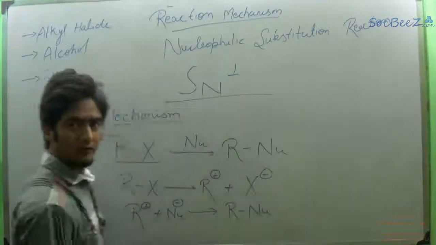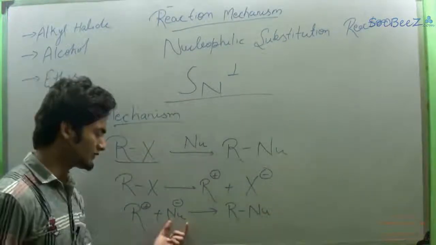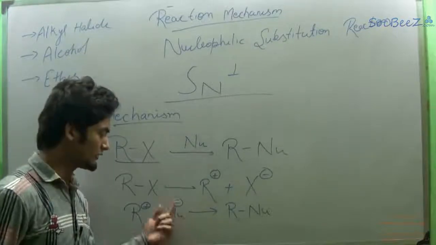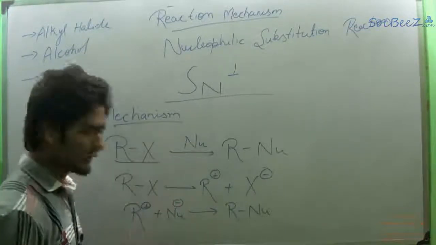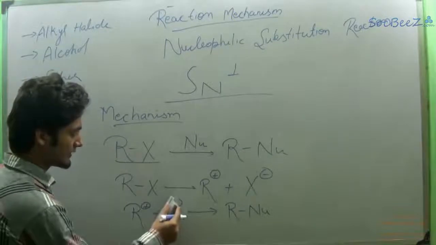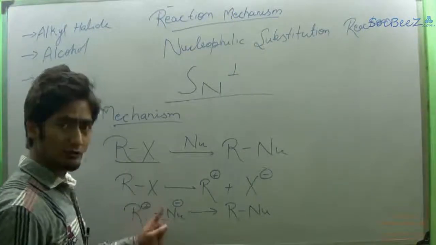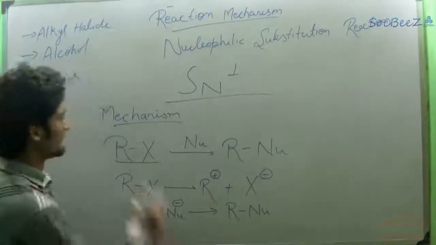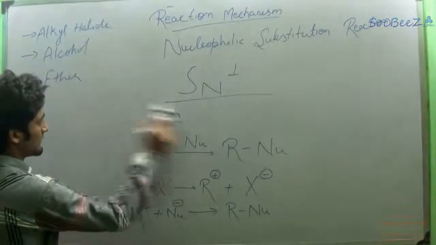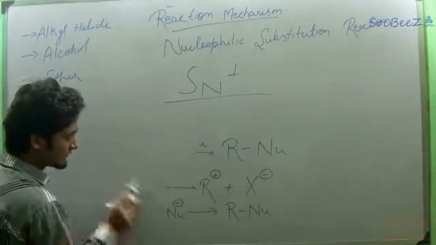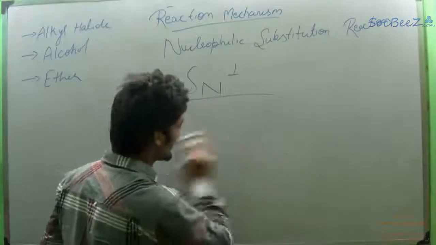Now, at this point, I want to remind you that this nucleophile need not be a negatively charged species. We generally denote it by this symbol, but it doesn't need to be negatively charged. We will discuss the examples of this reaction in the coming time.